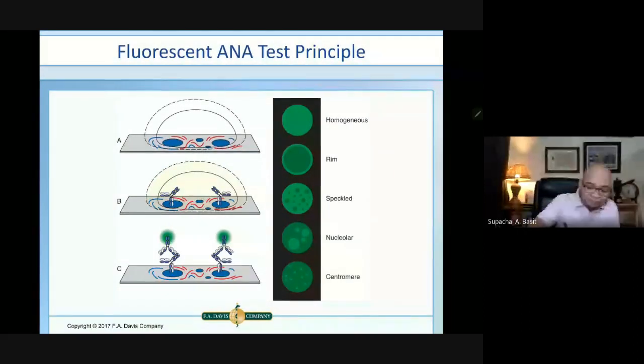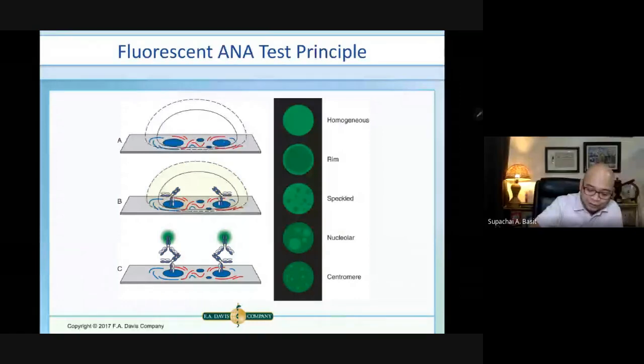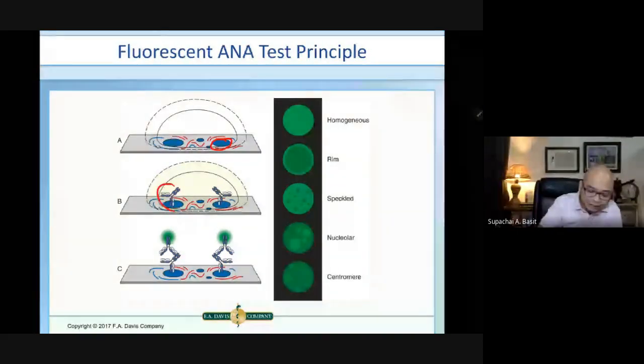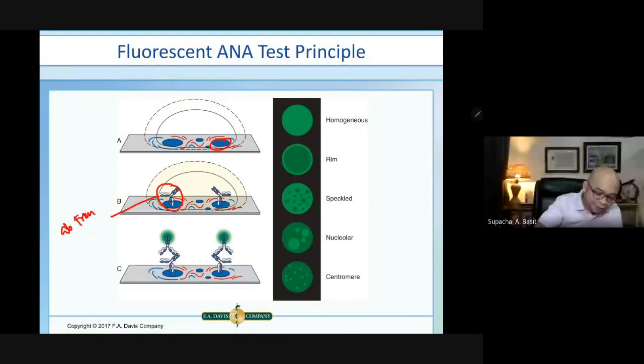So this is now your serum. Your serum is here. If you are positive with anti-nuclear antibodies, this is now the antibodies from the patient.